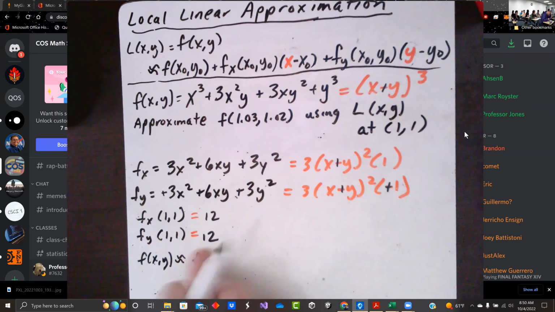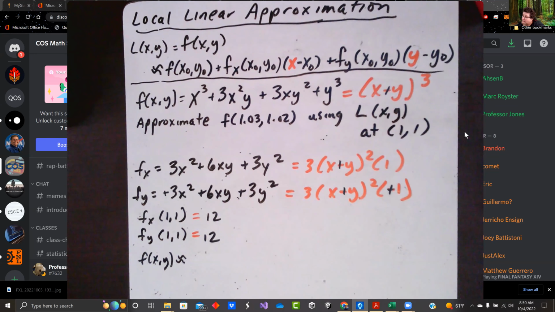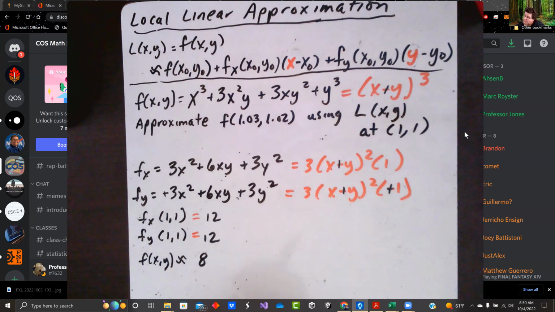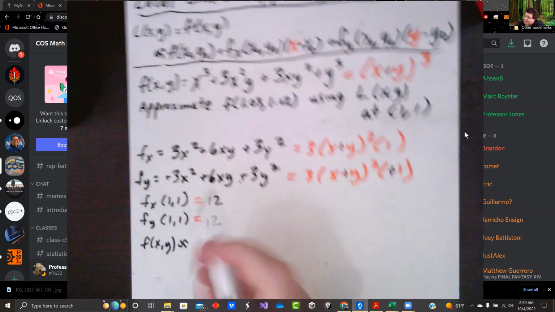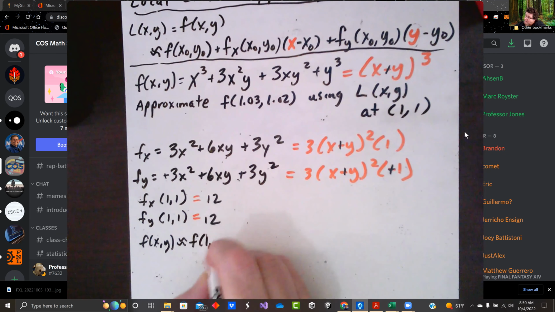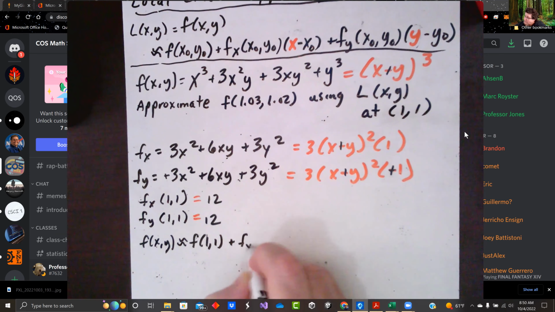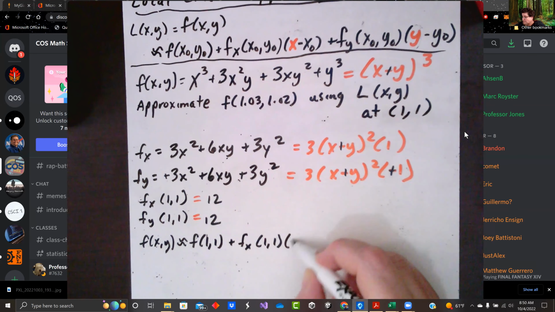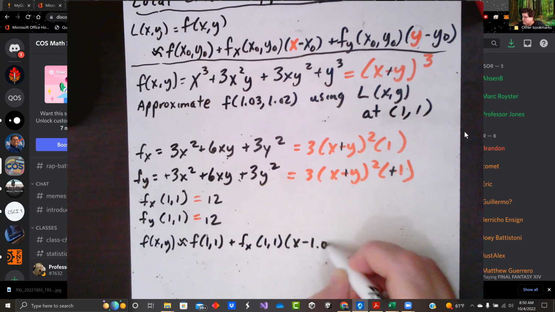Why am I writing this in? What is f of 1, 1? F of 1, 1 is 8. Maybe I should put it in just so it's clear what I'm doing. We're going to speed run it like the last day.